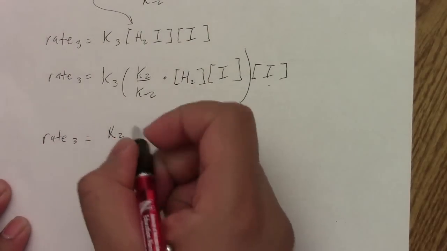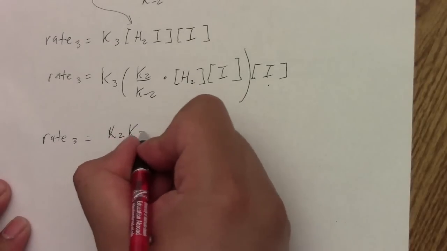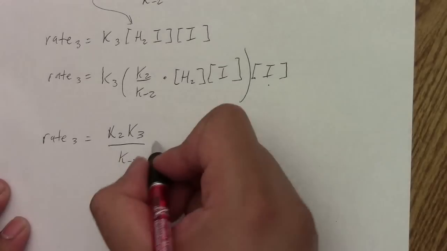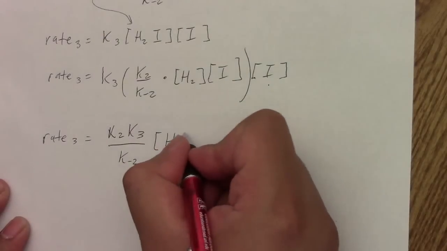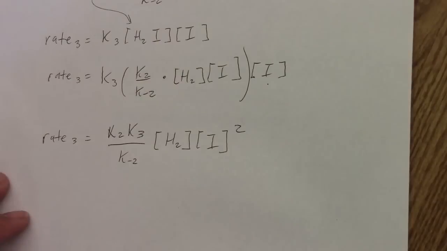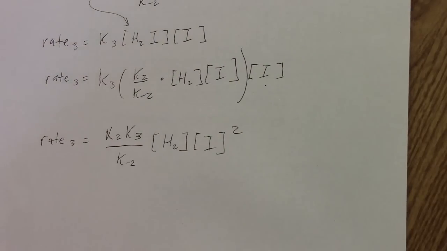So we have our k2, and let's put k3 up top here. We got k minus 2 down there. Now we have the concentration of H2 times the concentration of I squared. So what order has this become now? If you said third, you were right.